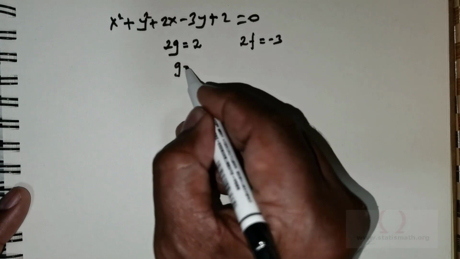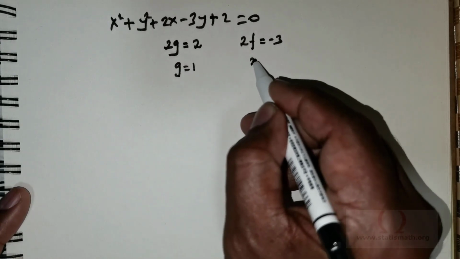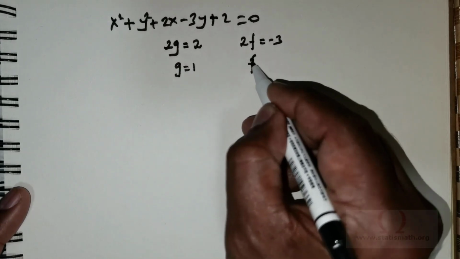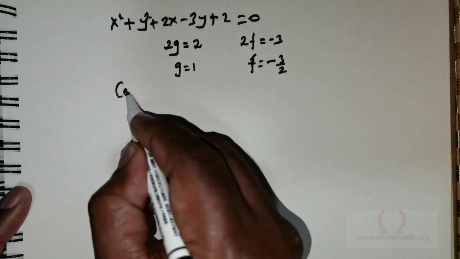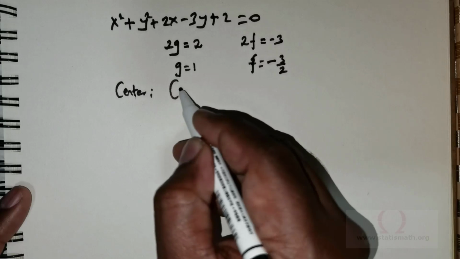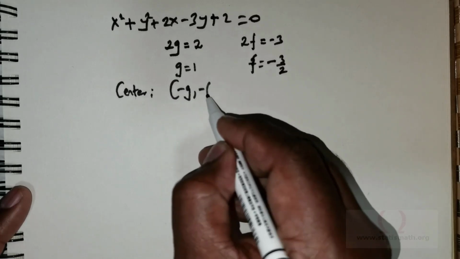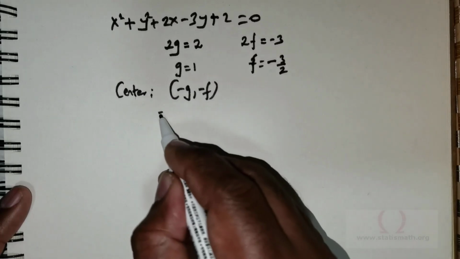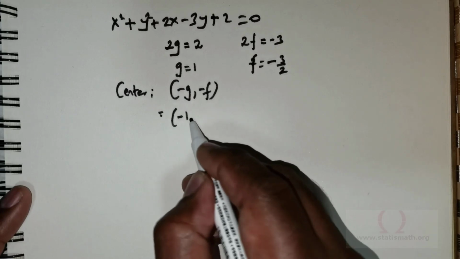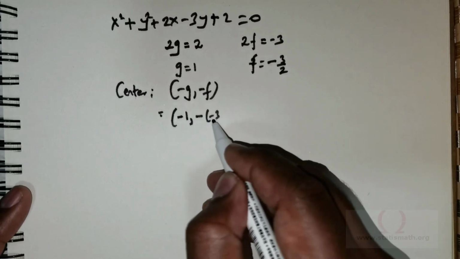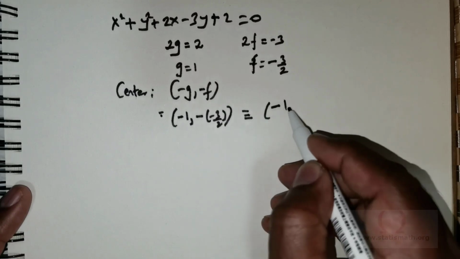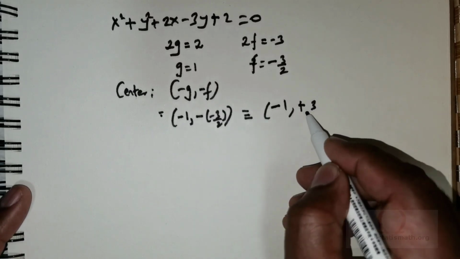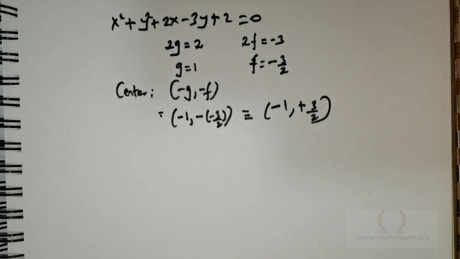So from here g = 1, and from here I can write f = −3/2. The center is given to be (−g, −f), which in this case is going to be (−1, −(−3/2)), which is rewritten as (−1, 3/2). So this is the center.